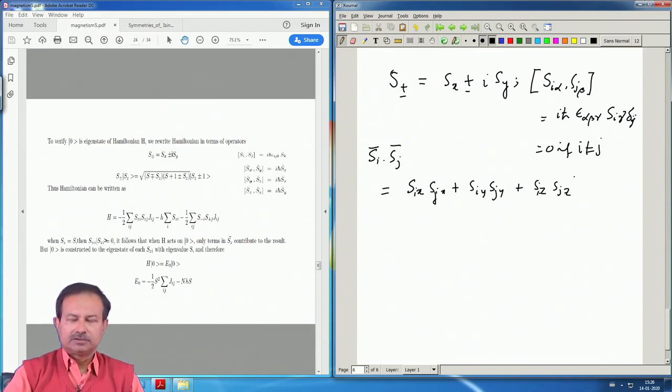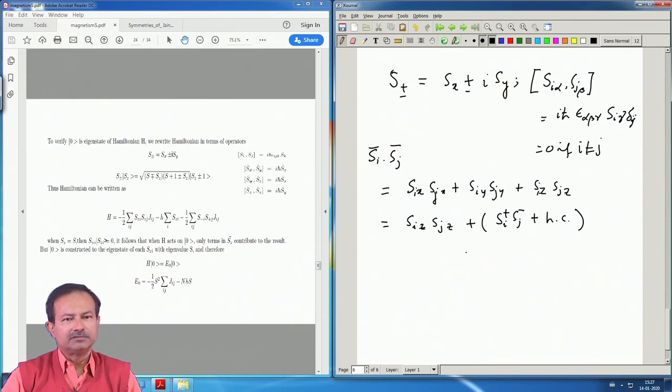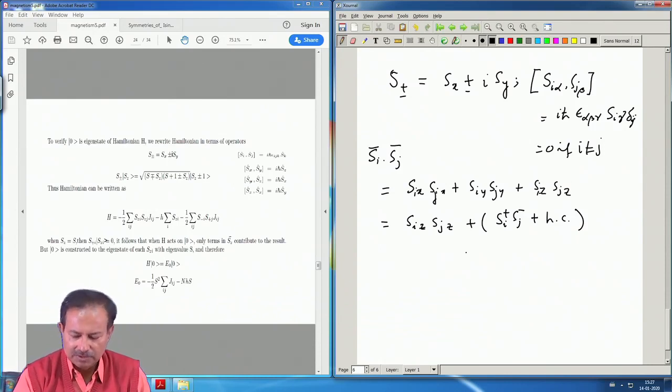That is just the dot product of these two, but then I will keep the z term intact, and write the other two as a combination of S_i^plus S_j^minus plus the Hermitian conjugate of that. This I leave you to go through. Remember that there will be a half.